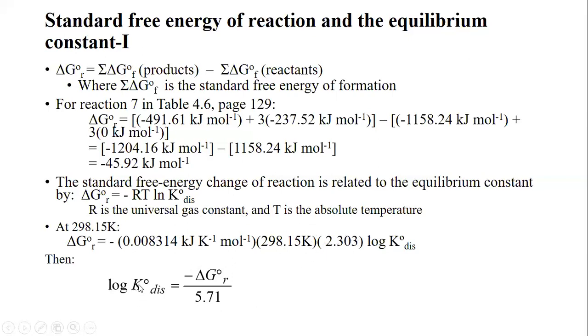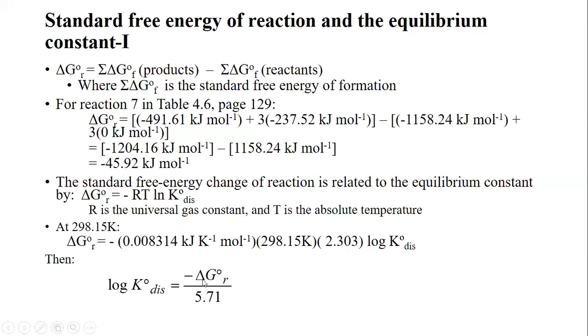So log K0 of this solution equals minus delta G0 of the reaction over 5.71. So now we have this as a constant. Normally, you should know that. Most of the time in exams, I give you this, but it's easy to remember.